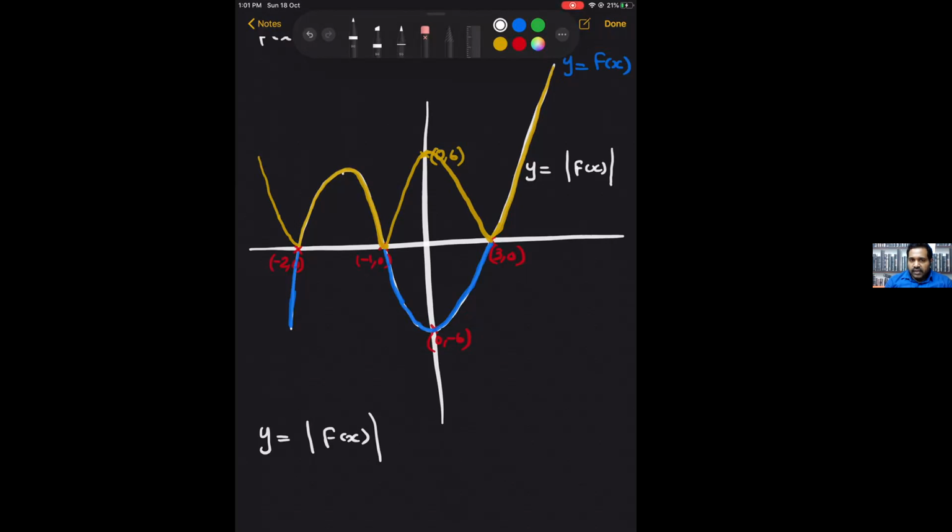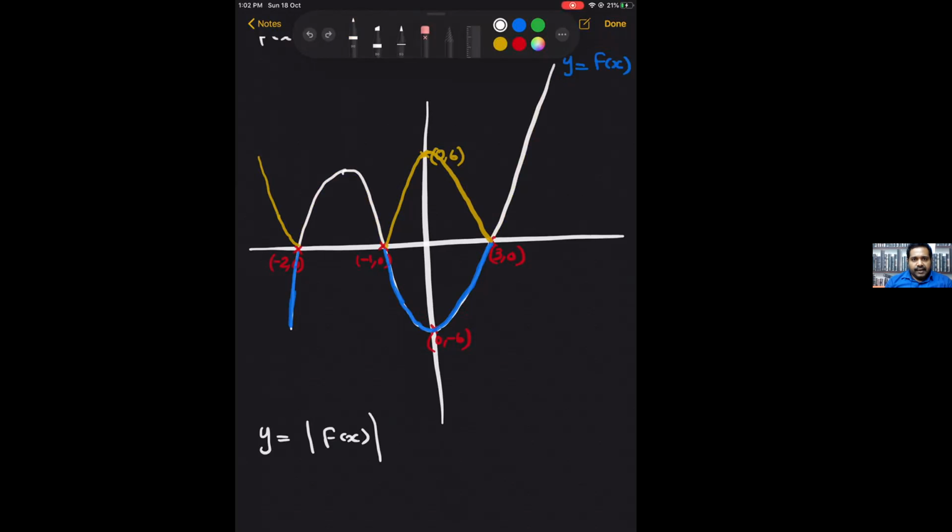So whatever the value of y, if it is negative, we identify the region. Here the region I identified and marked with the blue color. The blue part we reflect, and the reflected shape I have drawn with the yellow color.